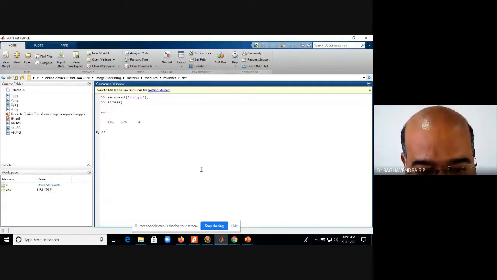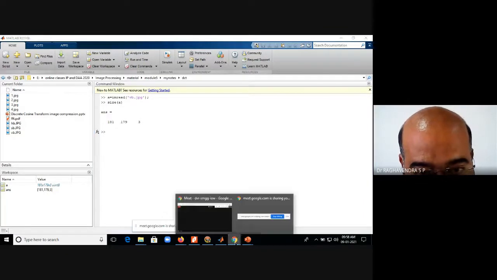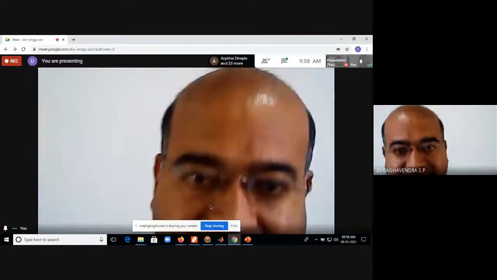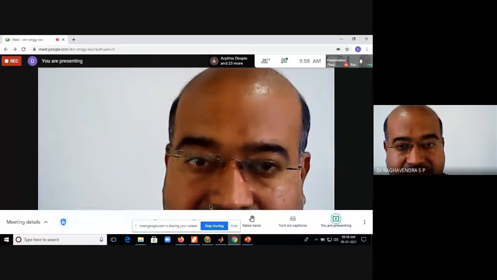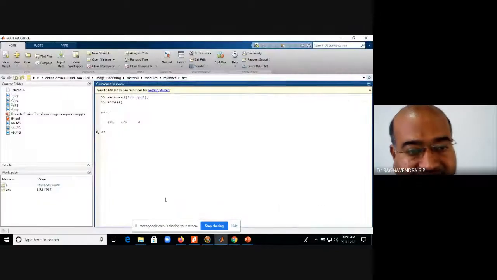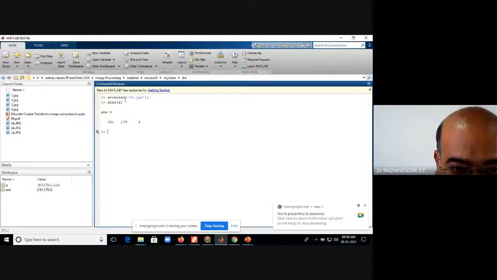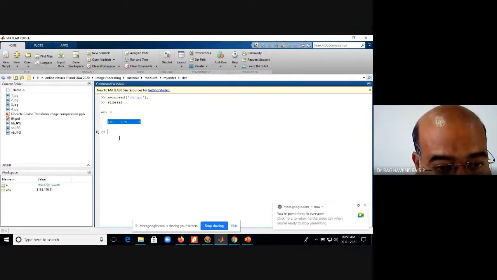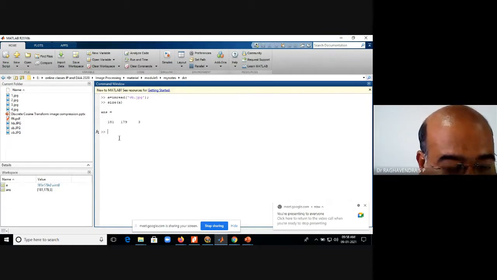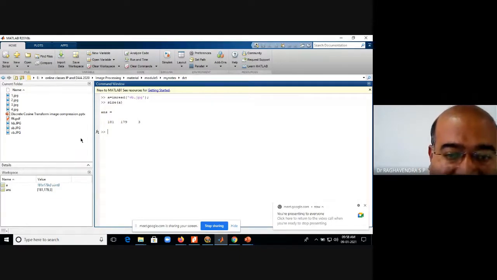I have read an image, vertical bar dot jpg. Can you tell me whether it is a color image or a grayscale image? Can anybody give me the answer? I'm audible, dear students.